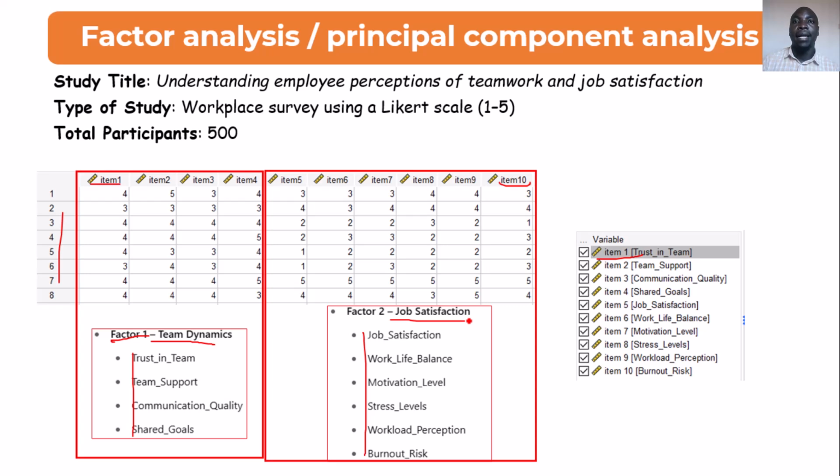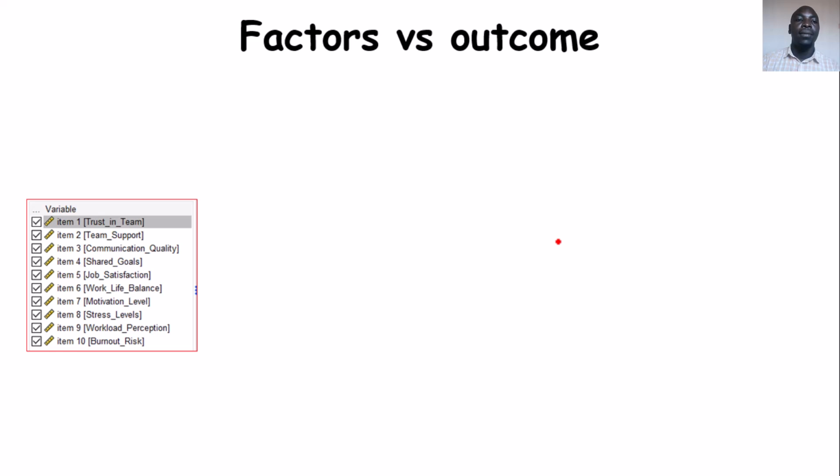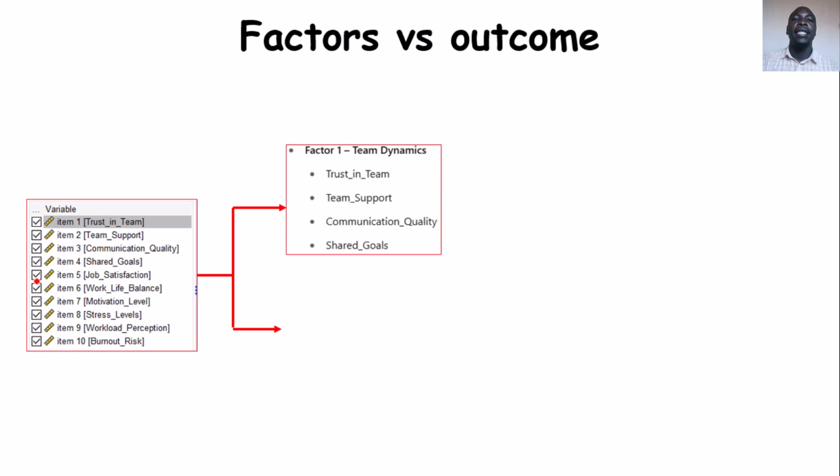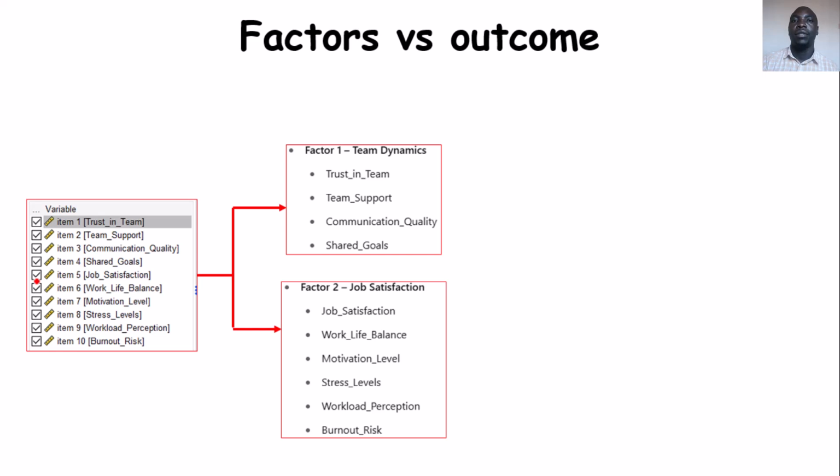But sometimes you want to reduce those variables into smaller groups of fewer variables called factors, and now those factors become your new variables for further analysis. So that's what we are going to do today. We started with 10 variables, okay? And these 10 variables underwent factor analysis, and we obtained factor 1 and factor 2.